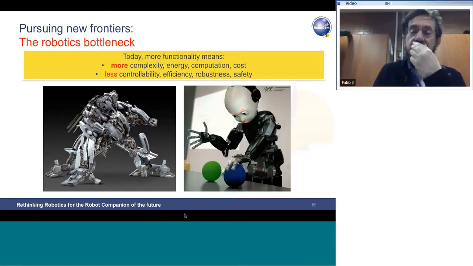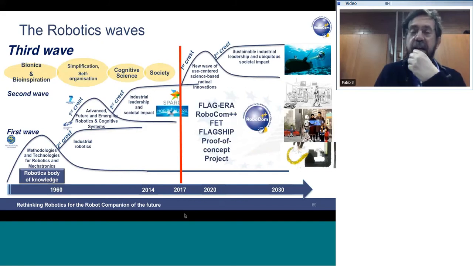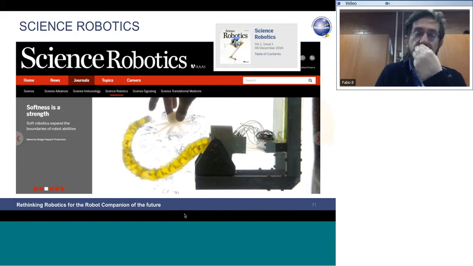That's why we look for a more deeply bio-inspired approach. We expect a third wave of robotics based on, call it bionics, call it deep bio-inspiration, on the massive exploitation of self-organization, morphological computation, and the likes that we have taught.